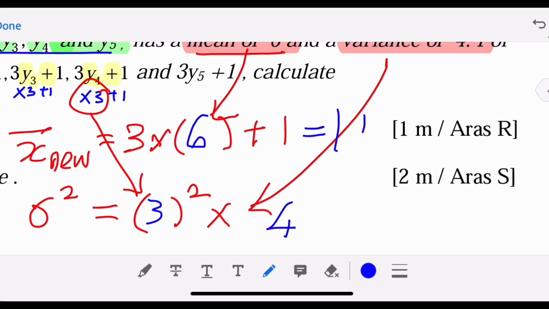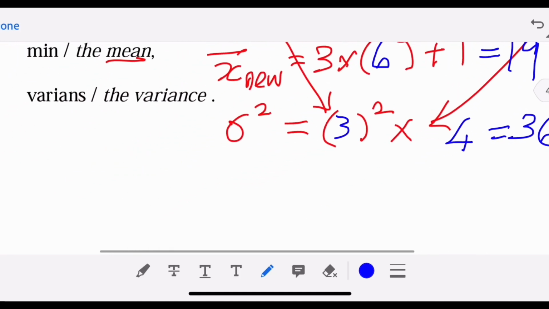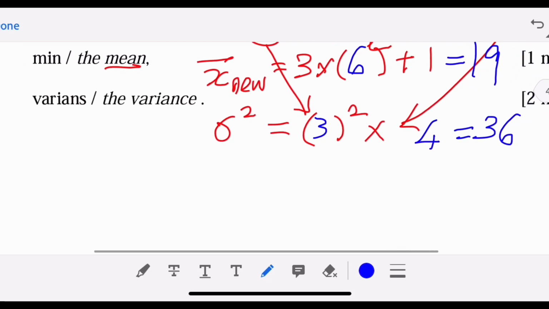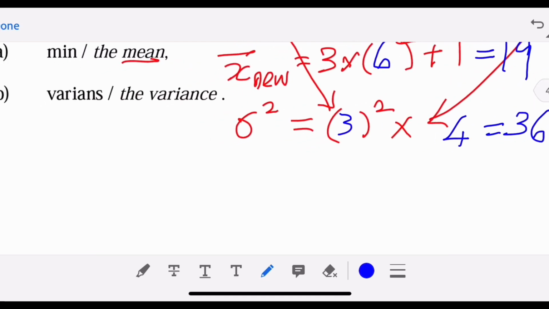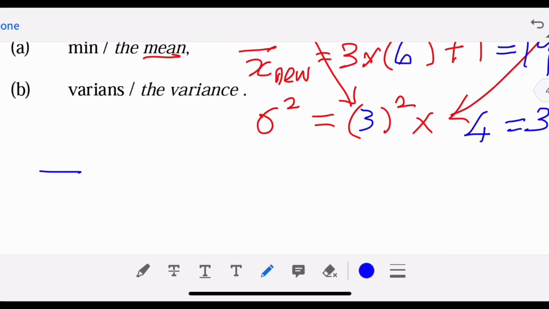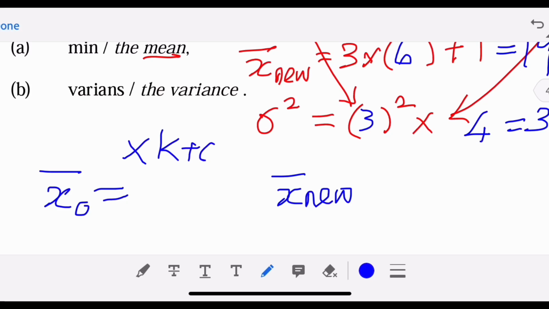Then you are not supposed to add 1, because variance and standard deviation are not affected by plus and minus. So that is how you solve the new mean, which is 3 times 6 plus 1, which is 19. And the new variance is 9 times 4, which is 36.